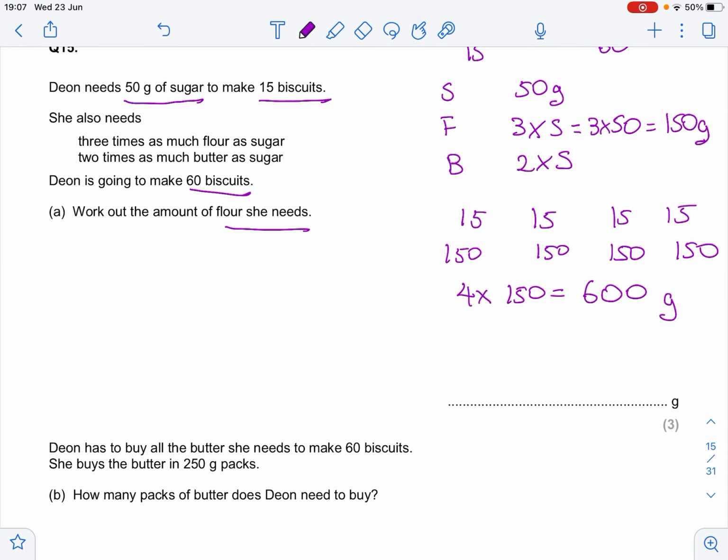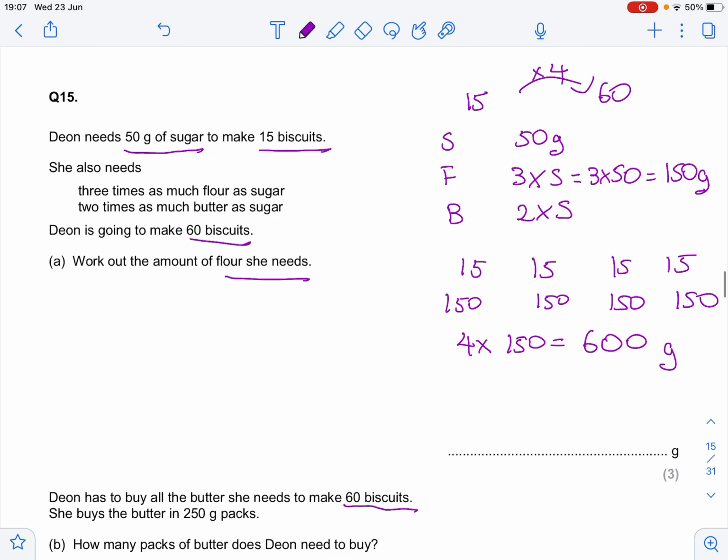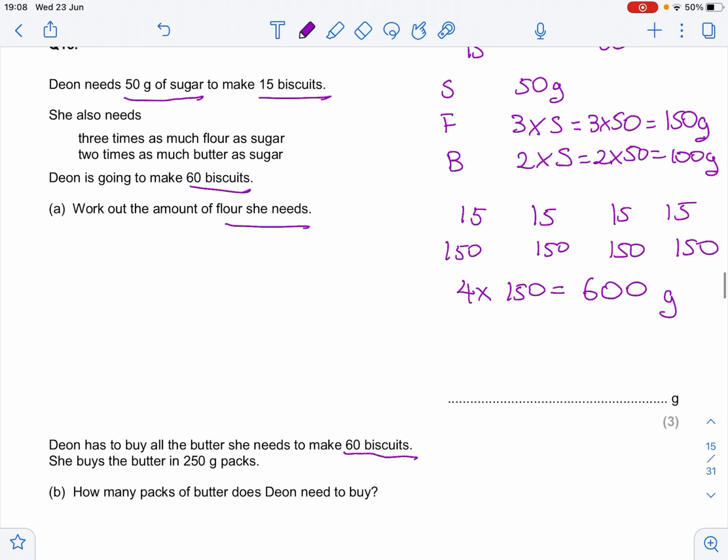Now we're told that she needs to buy all the butter she needs to make 60 biscuits. So how much butter does she need to make 15 biscuits? It will be 2 lots of 50, which is 100 grams. So she needs 100 grams to make 15 biscuits, but she's now making 60 biscuits.